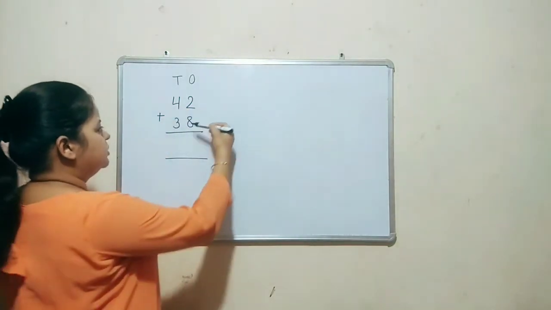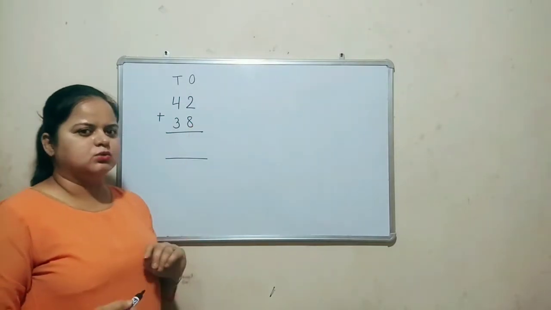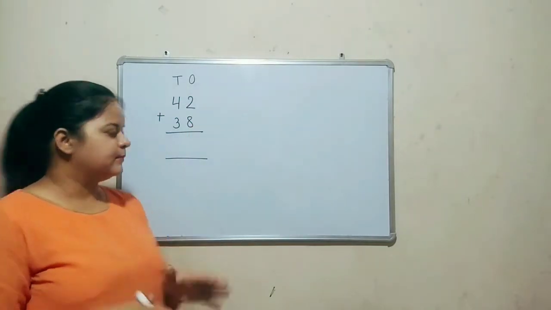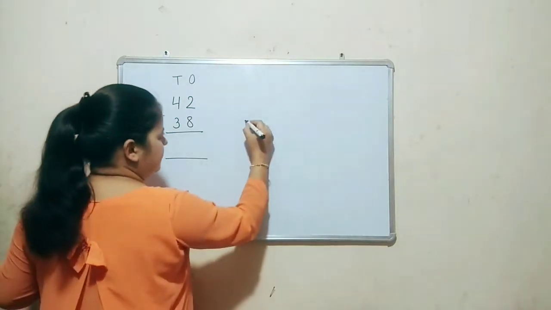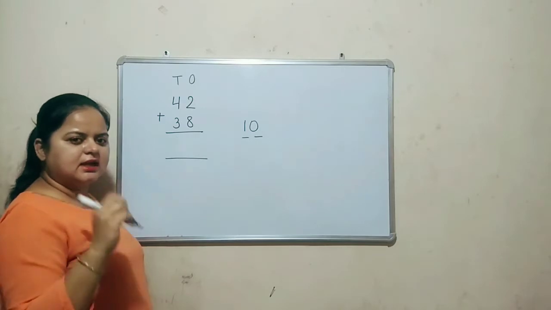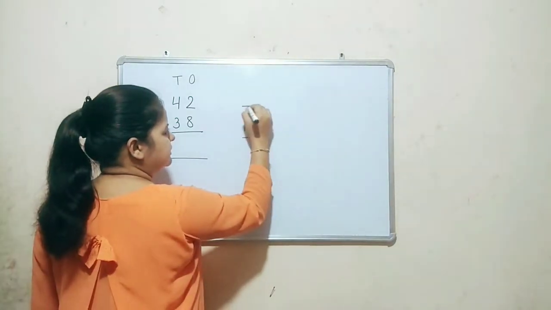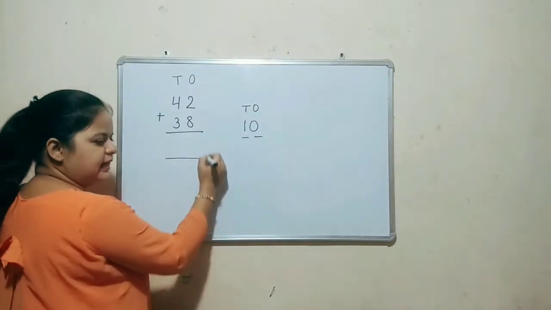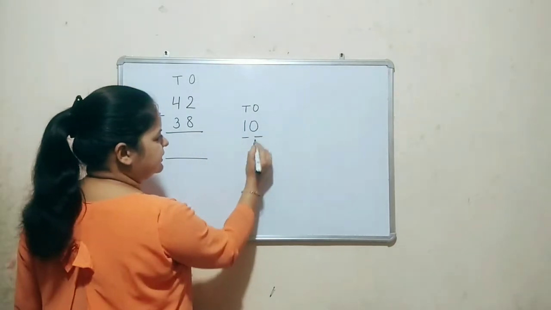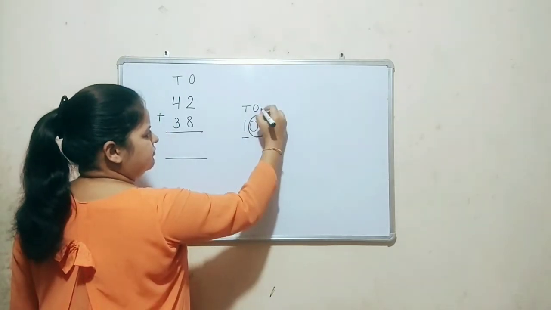Okay, so 8 and 2, 8 and 2, 10. Okay, 10 has 2 digits. 10 में कितने डिजिट्स है? 2. So we will write the digit which is placed on the ones side.